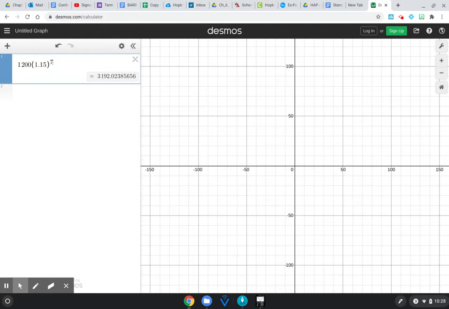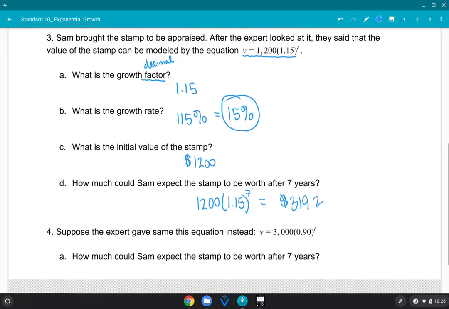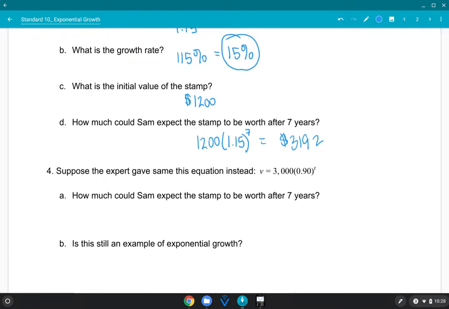$3,192. Okay. $3,192. Suppose the expert gave him this equation instead. Ooh, this is interesting, you guys. How much could Sam expect the stamp to be worth after 7 years?